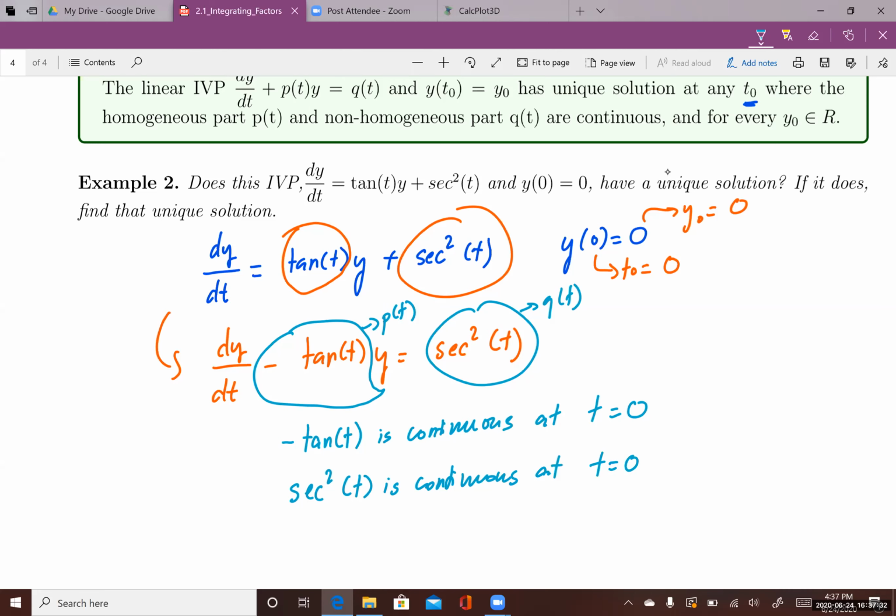So from this fact, we know that this IVP has a unique solution. So once you find a solution for this IVP, it is a unique solution.